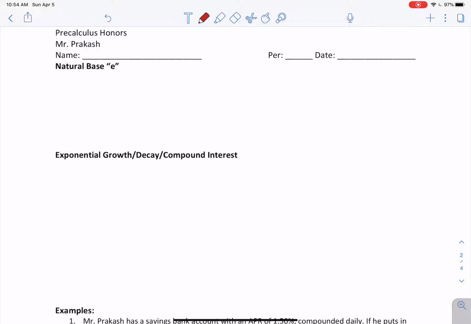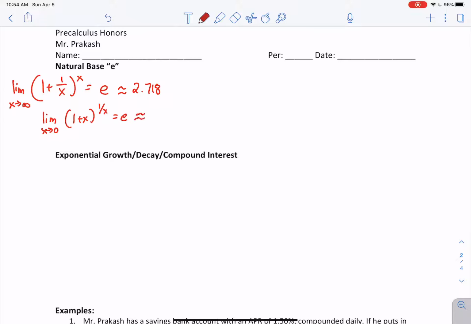One way is if we take the function 1 plus 1 over x raised to the x, and I want its limit when x goes to infinity, this evaluates to the value of e, which is about 2.718. Or if we did the limit as x approaches 0 of 1 plus x to the 1 over x, that also equals e. So this is the definition of the e value.